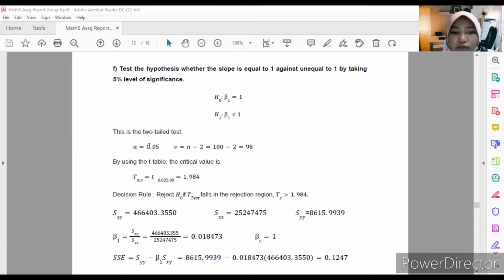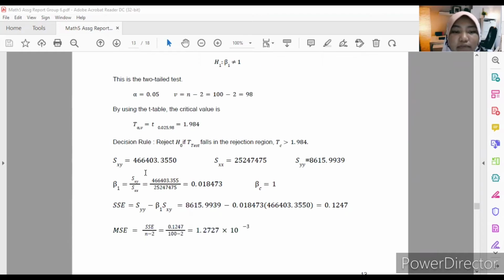Alpha equals 0.05, but because this is a two-tailed test, it needs to be divided by 2, so 0.025. V equals n minus 2 equals 100 minus 2 equals 98. By using the t-table, we got a critical value for 0.025 and 98 of 1.984.